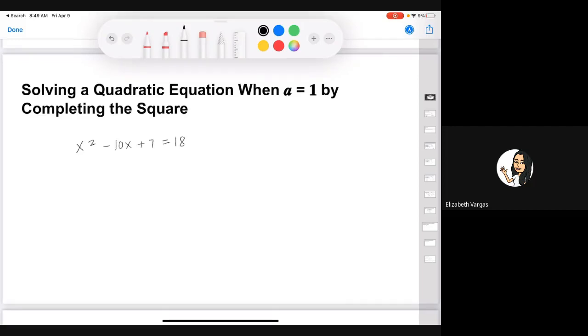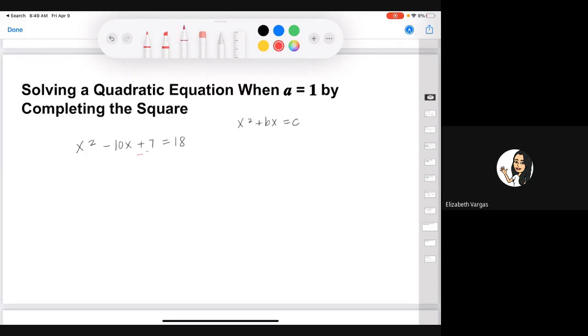Okay. Well, the first thing I'm going to do is try to complete my square. I'm trying to get a completed square so that I can apply the square root property and solve. The way that we complete the square is we want to get our equation into the form x squared plus bx equals c.